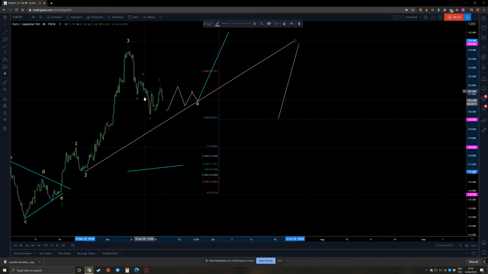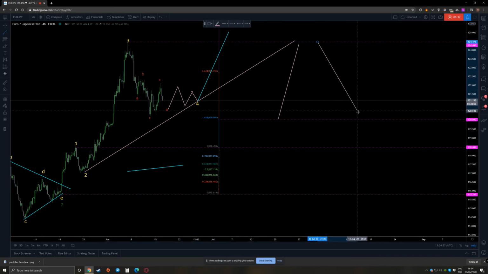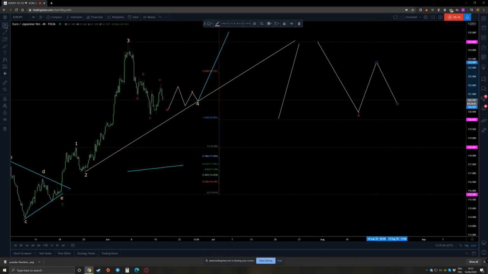Now you can have an A, B, C, some kind of a thing, or maybe this is just a wave A. Look, you can have something like this too from the third wave. You can have something like a wave still A on this degree, then maybe a B, a C, a D, and an E as a triangle by itself as a fourth wave.